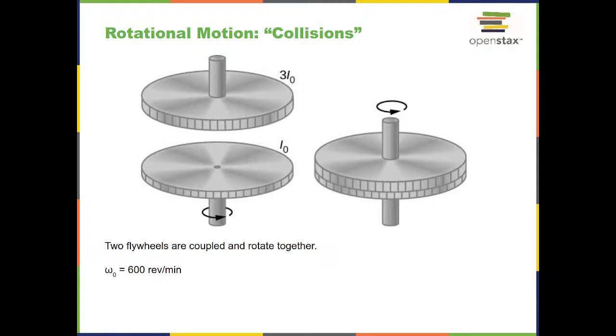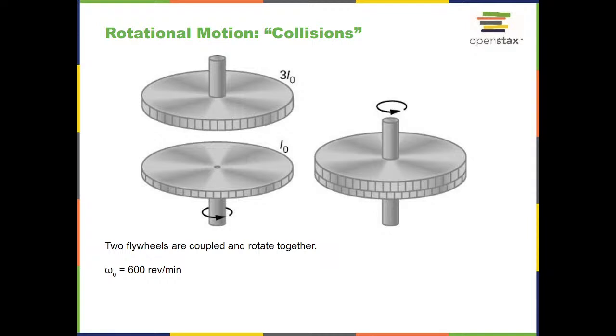An inelastic collision was, for example, things sticking together. If we have two balls that hit each other and stick together, say both made out of Velcro, that's an inelastic collision. So this example is how we translate that kind of inelastic collision to rotational motion.